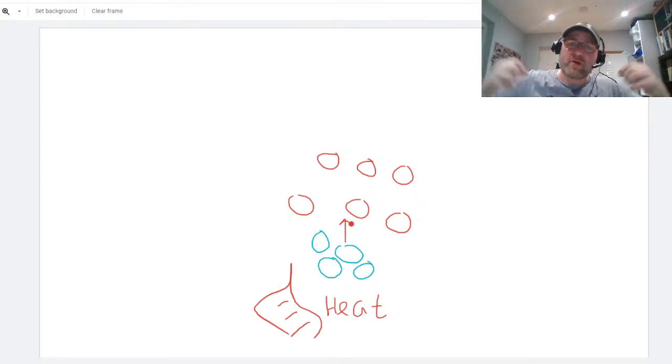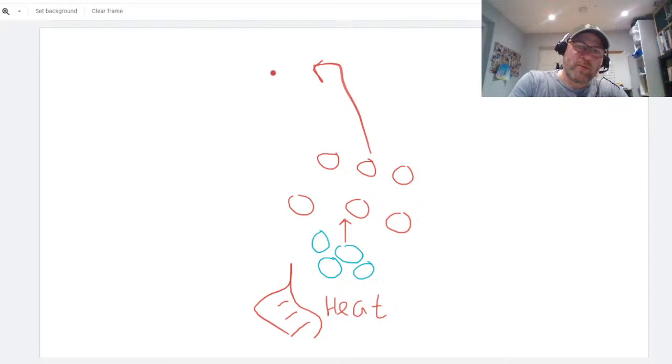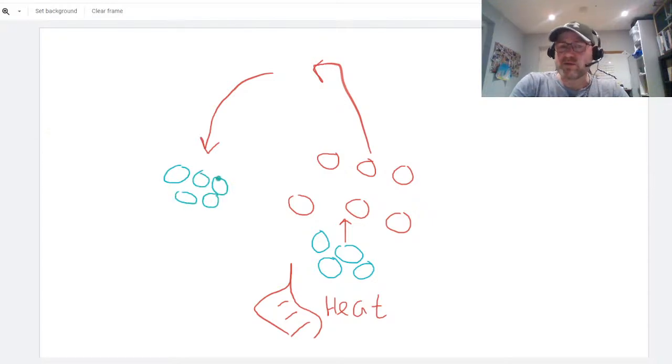They will move further apart and become less dense. They will rise up and they will displace or push down more dense, colder particles of the substance back to the heat source, and then it will happen again, and we call this a convection current.